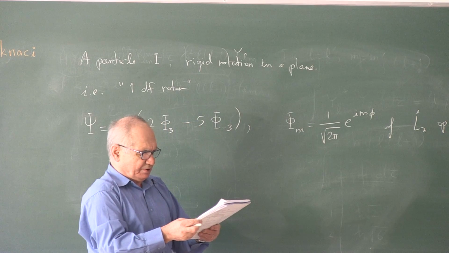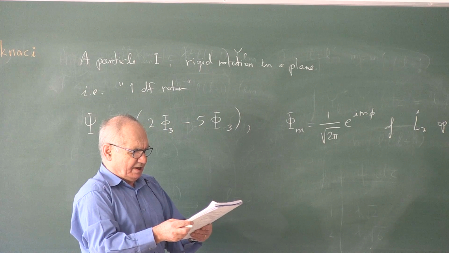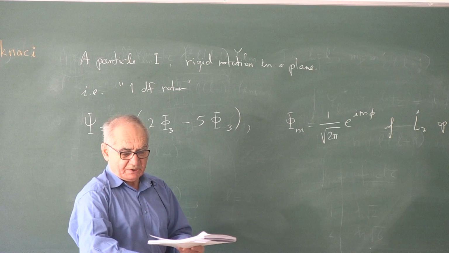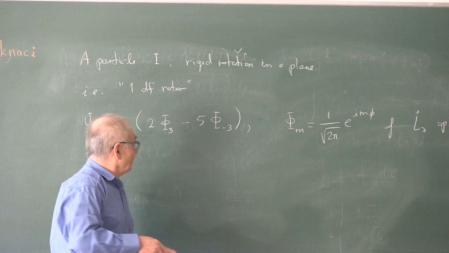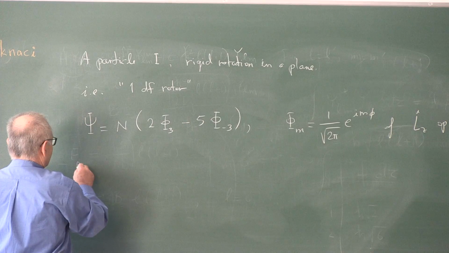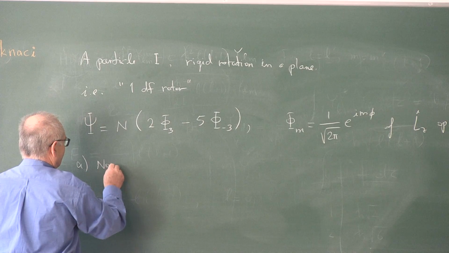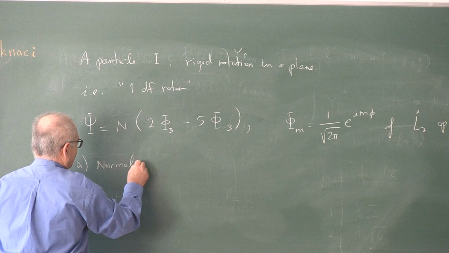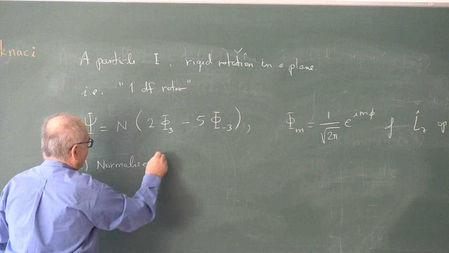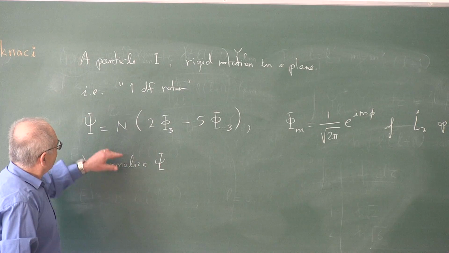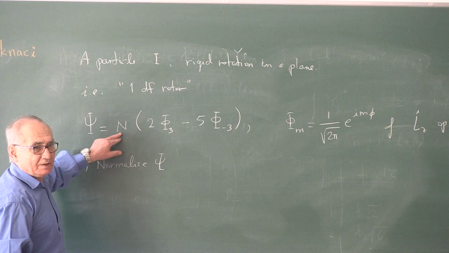There are 3 parts. In part A, normalize psi. It means find the numerical value of this n.